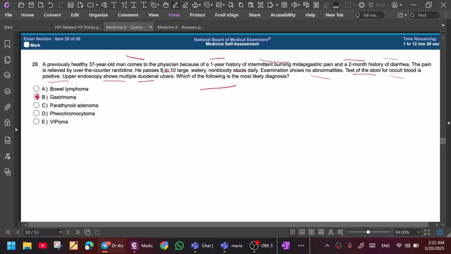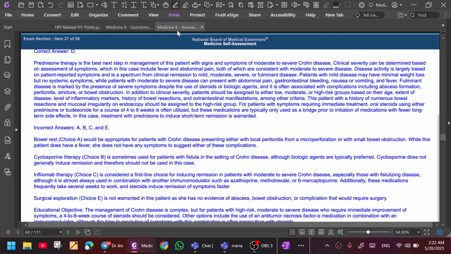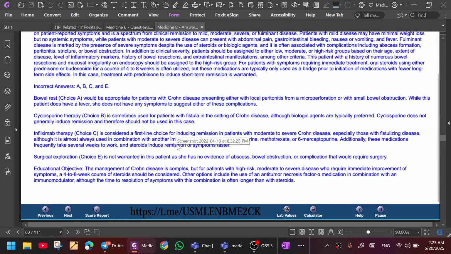Multiple duodenal ulcers, isn't it? It's between gastrinoma and VIPoma. I just don't remember. I know there was a mnemonic for VIPoma. What was it?